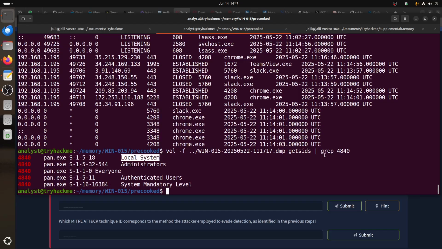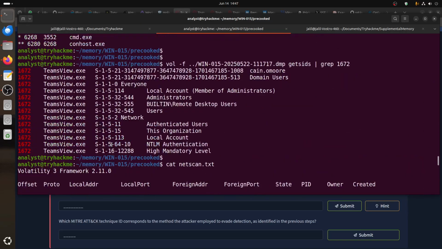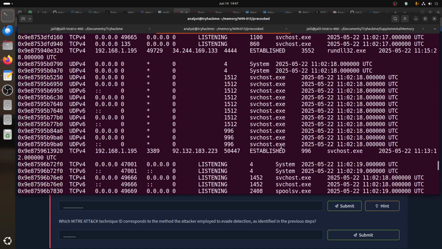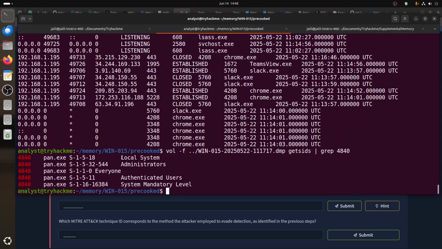So this thing is running as a privileged user. If you remember the one before, it was running as Kane, that TeamViewer, but this one is running differently. It's running as local system. So privilege escalation happened here.